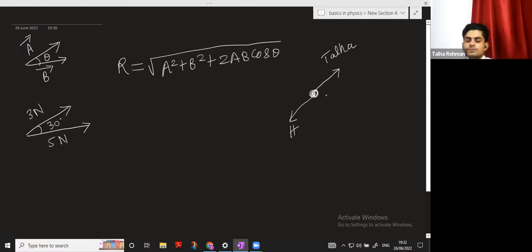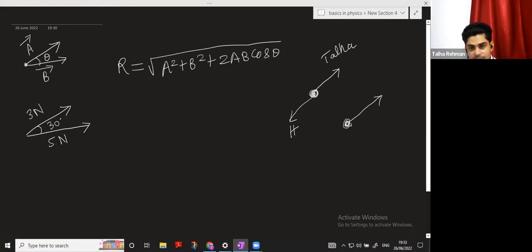So what will happen? The more the force on any side, this object will move this side. You can feel it also. Okay. And now here what happened? This is a point here. And someone is applying a force here.